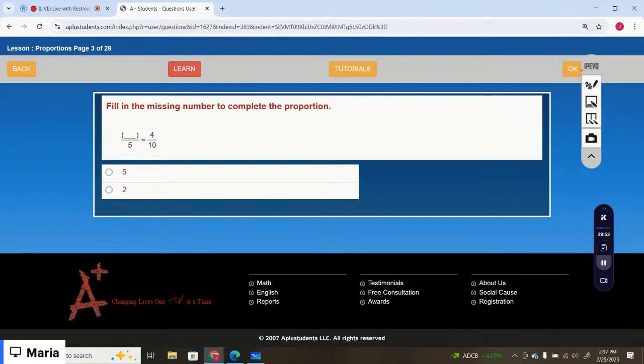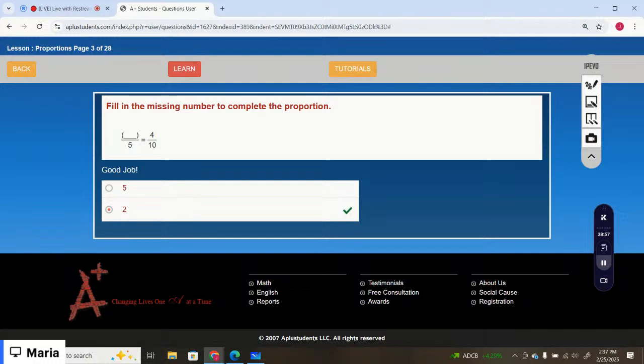5 times 2 is 10 and 2 times 2 is 4. Option number 2 is the correct option.